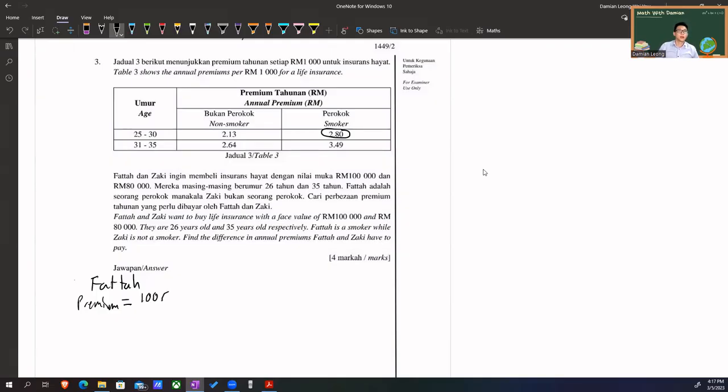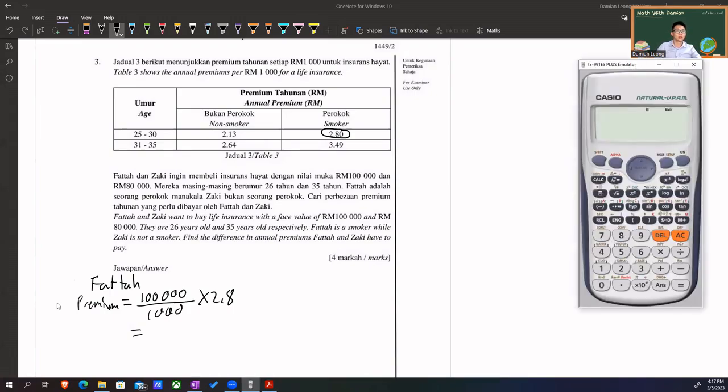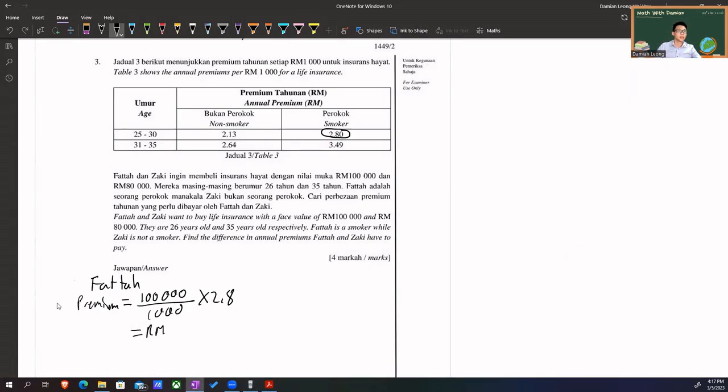So the face value 100,000 per 1,000 times the rate 2.8. Basically it will be 100 times 2.8. So it's 280.